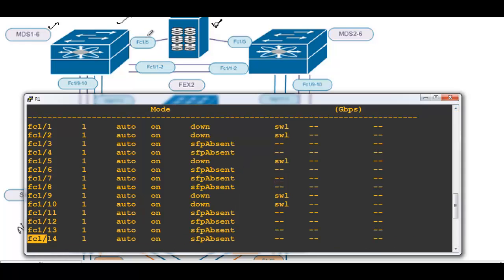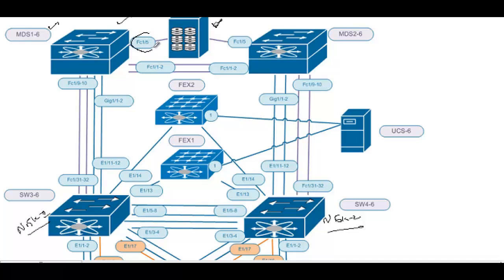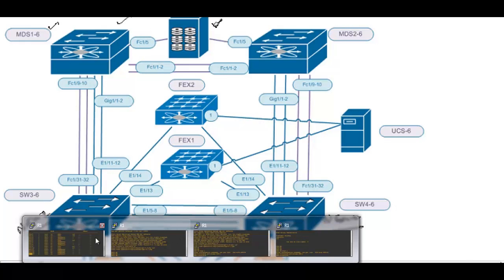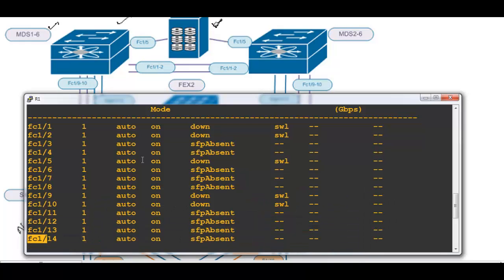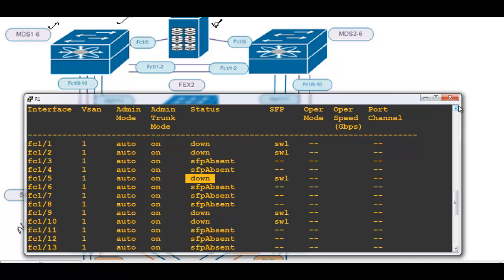Now which interface is connected to the JBOD? It is fc 1/5. Okay, now let's see the status of fc 1/5. It is in down state. See what it says. It has got an SFP in it and it is in down state.